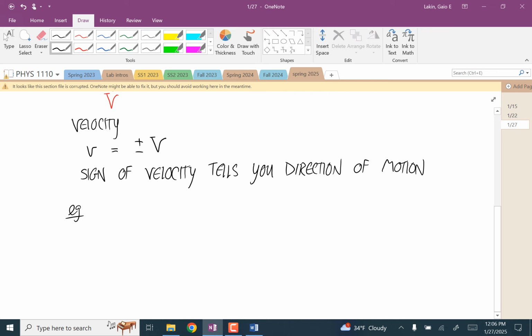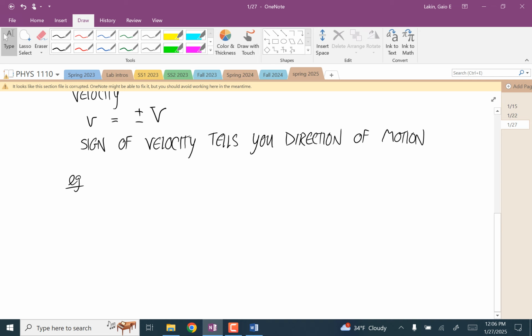So for example, with the Iowa example, if you called north your positive direction, then south would be your negative direction. And then while you were driving down south to Iowa, your velocity meter on your car would say negative 60 miles per hour. When you drove back, it would say positive 60 miles an hour. That's how the sign works. Okay.